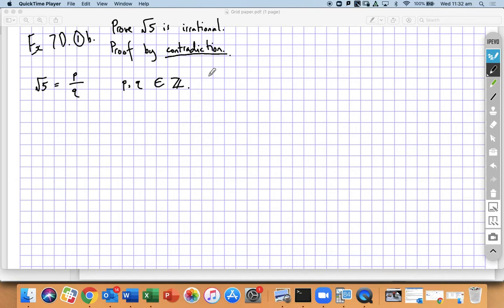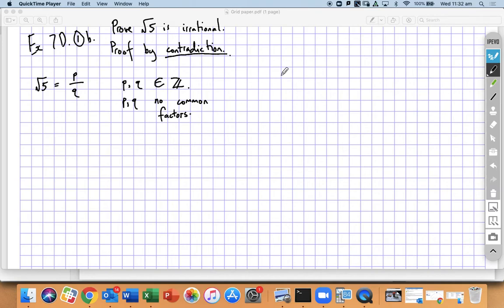And also, it's easy to miss this little sentence in the book here, in the example. They say P and Q have no common factors, right? So they're integers, like you'd expect in a rational number, but also, P and Q have no common factors. What this means is the fraction's already in its simplest terms. So those are the conditions that I'm defining before I start the proof.